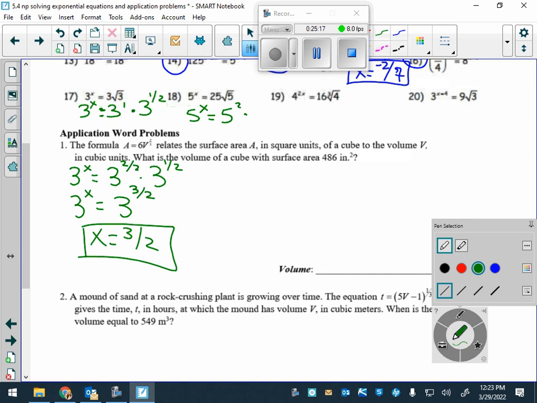How do I rewrite the square root of 5? 5 to the 1/2. Now, before I add them, I need a common denominator, which is what? 2. So I have 5 to the x equals 5 to what power? So what does x equal? 5/2. Good. Thank you, Rory.